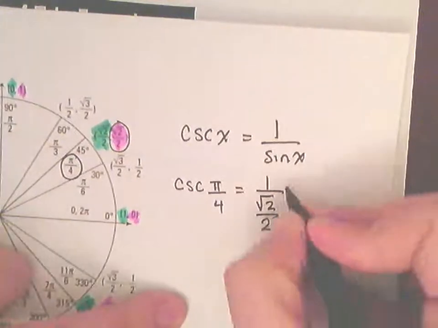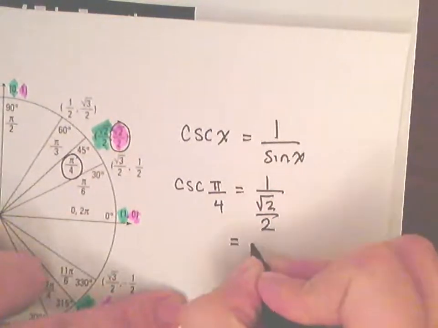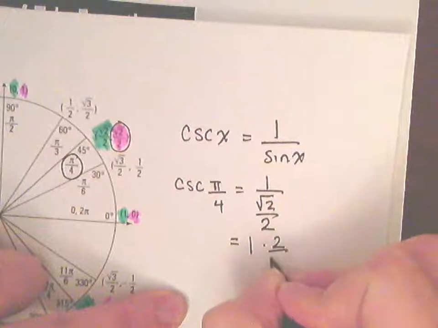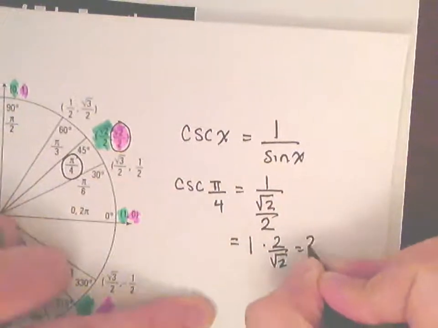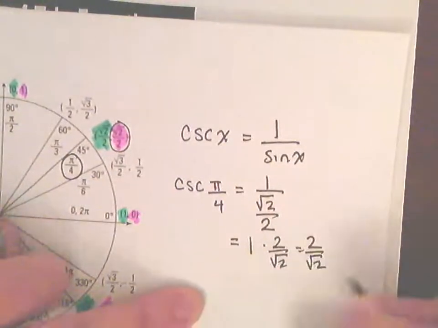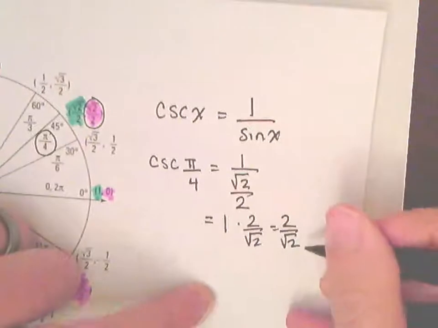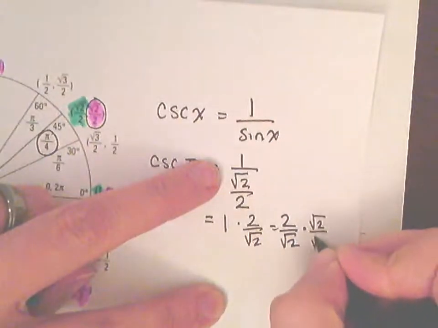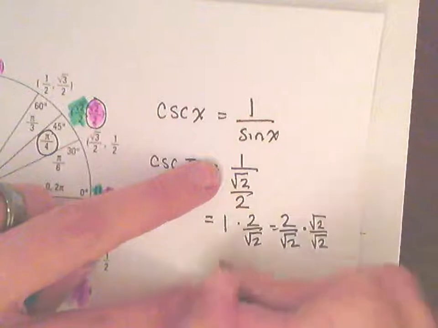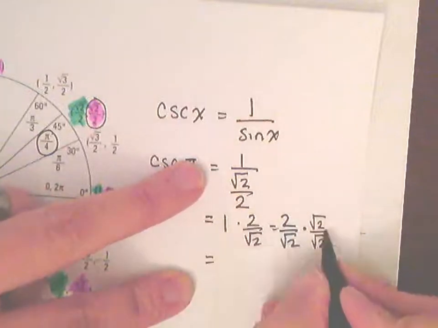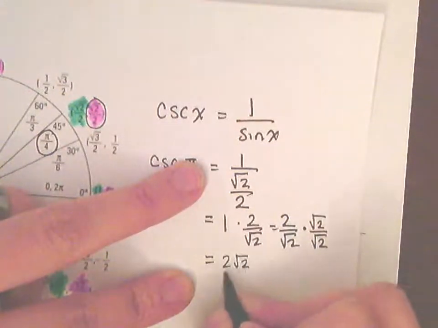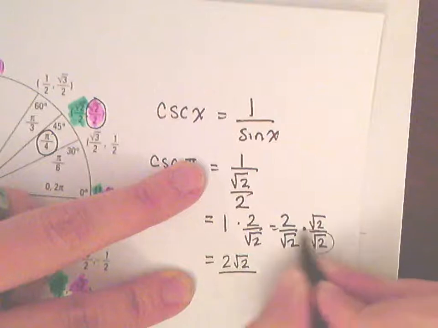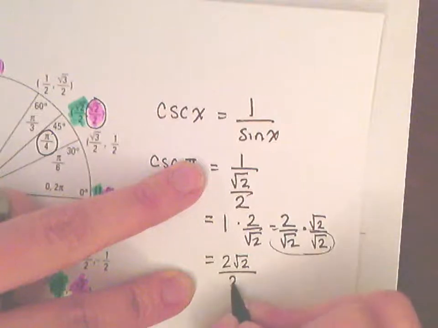Now to solve this, we actually have to multiply by the reciprocal, which gives you 2 over square root of 2. But of course we can't have a radical in the denominator, so you rationalize that. So times square root of 2 over square root of 2, and you end up with 2 times square root of 2 over the square roots cancel out, so you end up with 2.